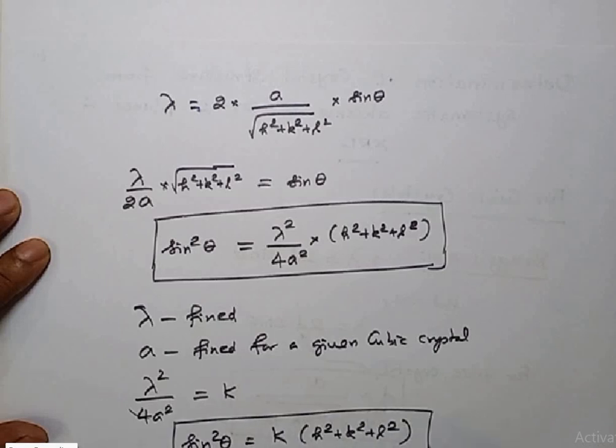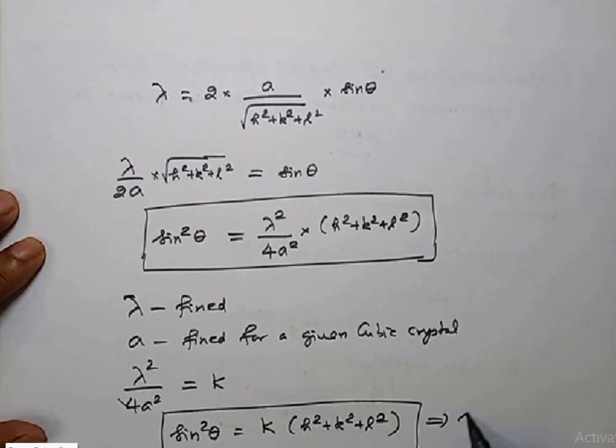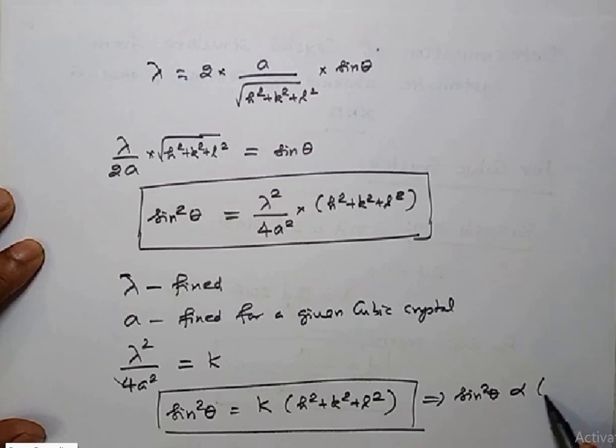Remember this expression. This is very important. From this, we can say that sine square theta is directly proportional to h square plus k square plus l square, because K is constant. Okay, take note.